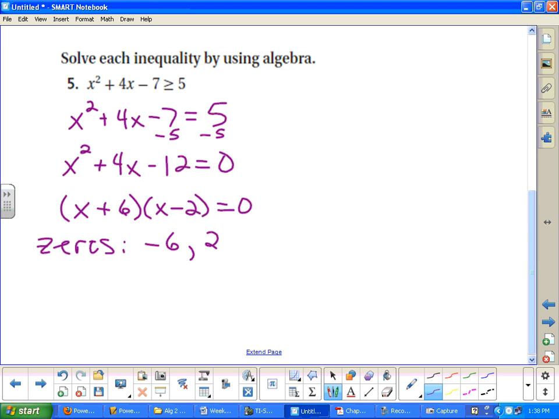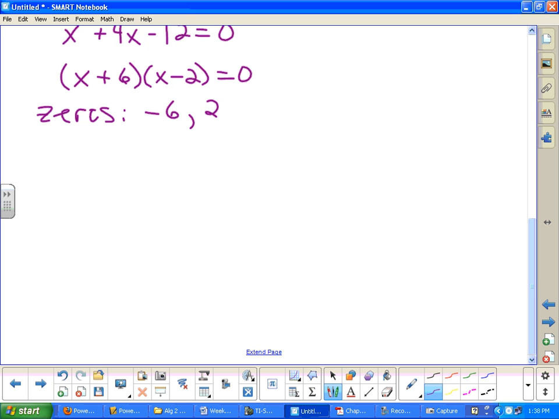Okay. Now we're going to use those zeros on the number line to determine what my inequalities are. So when I do my number line, I need to start at negative 7.